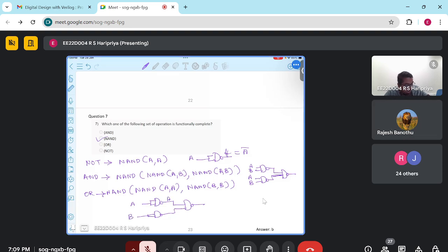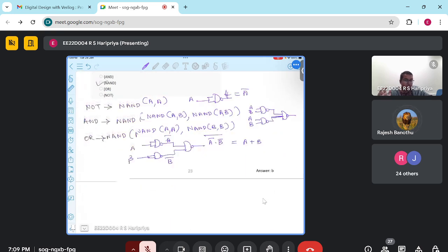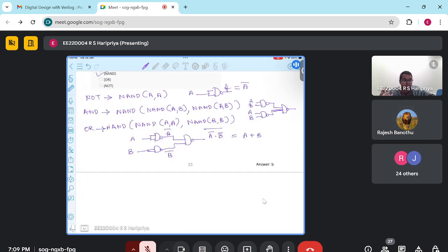So here we will get A bar and B bar, and NAND of A bar and B bar, which is A bar B bar whole bar, equivalent to A plus B after applying De Morgan's theorem. Okay. So we observe that with the NAND gate we can implement NOT, AND and OR. So till here any doubts?